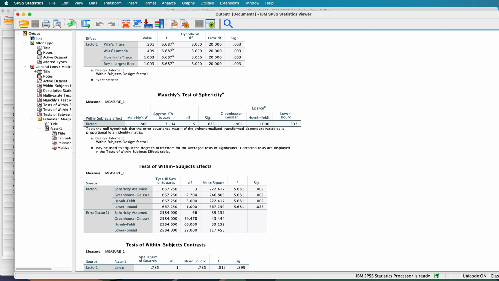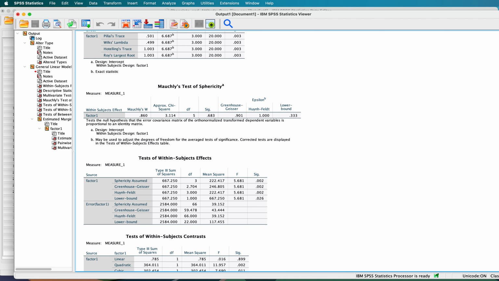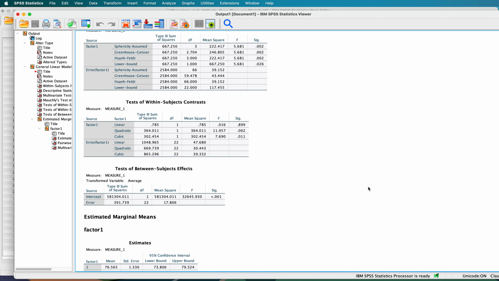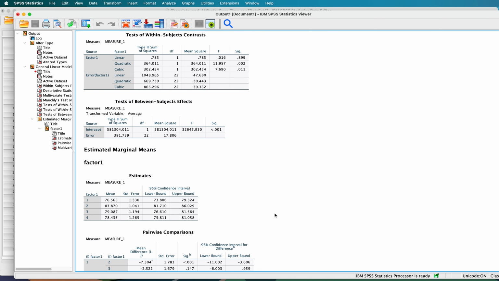So to get into more detail with this, I'm going to scroll down and compare the different times.